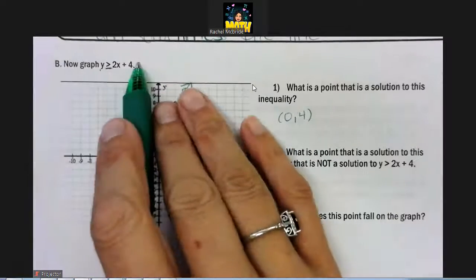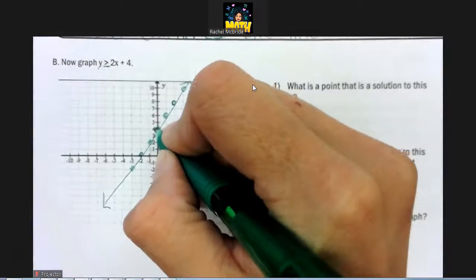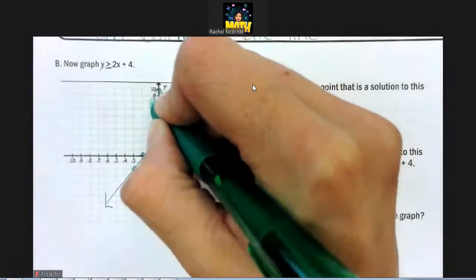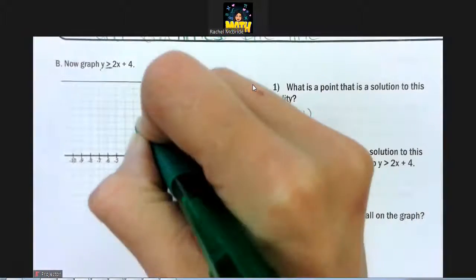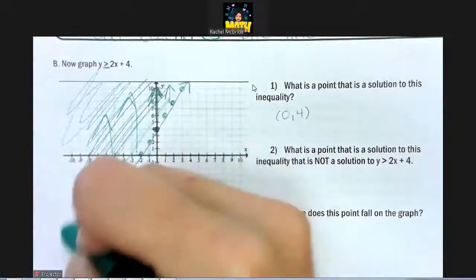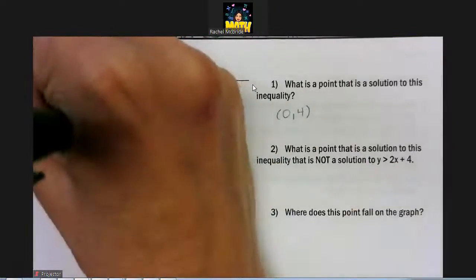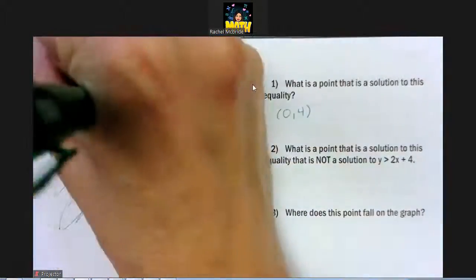And then if the y values are greater than, well, here's y. When is y greater? Well, it's greater up. So greater than is everything above the line. So a solution could be anything from that shaded region.